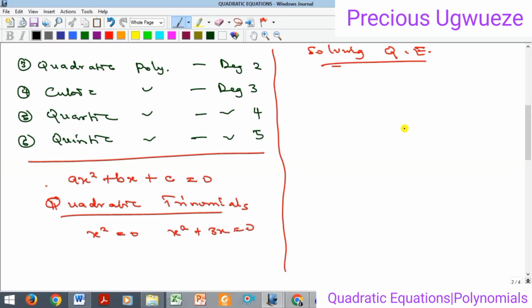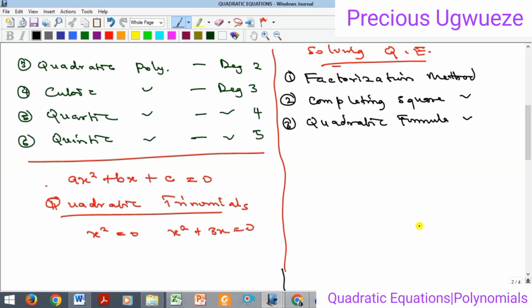To solve quadratic equations, we need majorly three methods. There are three major methods that we use, even though there is a fourth, but we are going to be discussing just three. The first one is what we call the factorization method. Quickly, we are going to look at what these methods are all about, and then we will do that in a while using some examples.